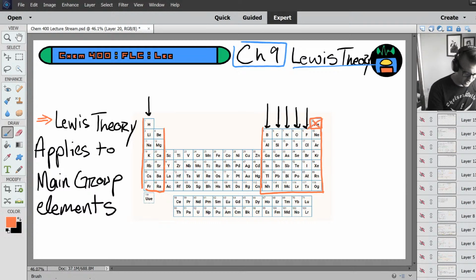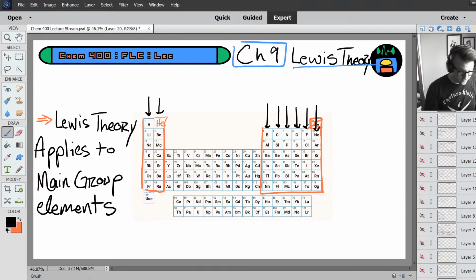So I'm going to X this out here and write in helium right here, and you'll see why. Or actually, this arrow is going to go all the way down to neon.